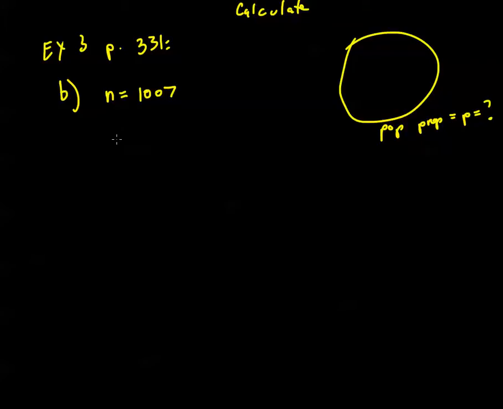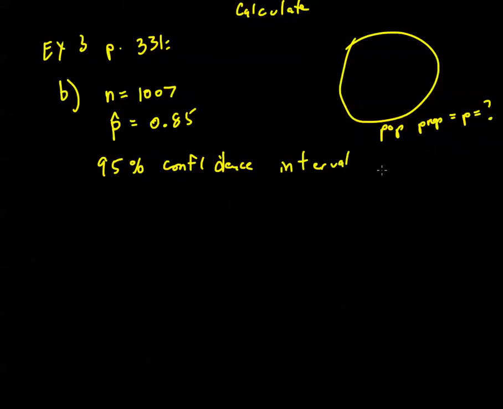We know that the sample proportion of people who recognize Twitter in this sample is 0.85 or 85%. So we need a 95% confidence interval estimate for little p.